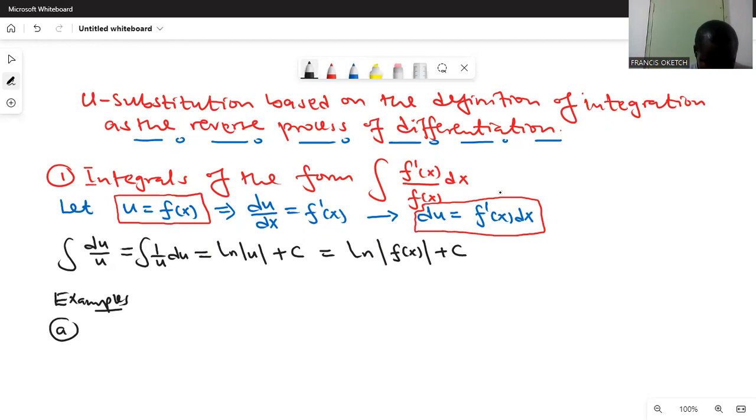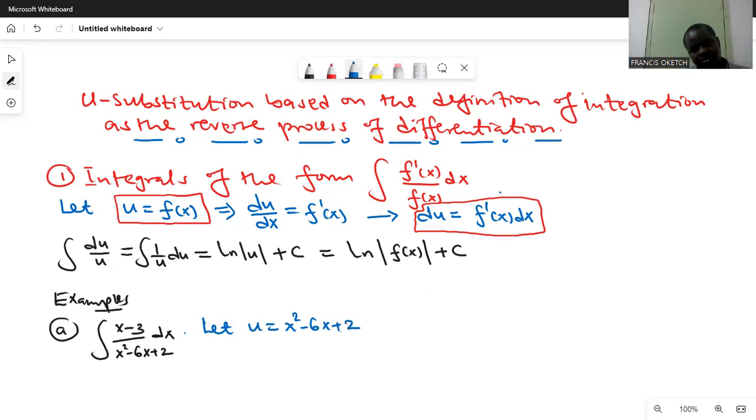The first one is the integral of x minus 3 over x squared minus 6x plus 2 dx. So you're going to say let u be x squared minus 6x plus 2.